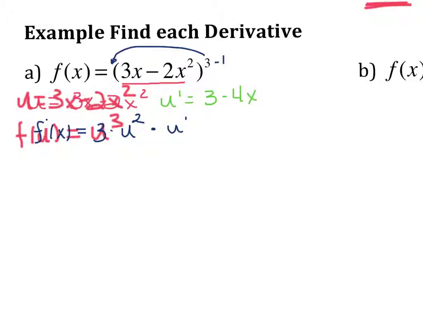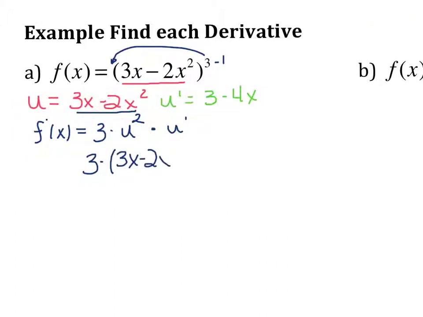Taking out u and putting in what we have for u, which is 3x minus 2x squared, I get 3 times (3x minus 2x squared) raised to the 2nd times u prime, which is 3 minus 4x. You're probably going to want to leave it looking like this. You can, if you want, multiply the 3 in, but for the most part, they like to see more factors, and the way you have it, everything is basically factored out, so it looks pretty good this way. This would be our final answer.